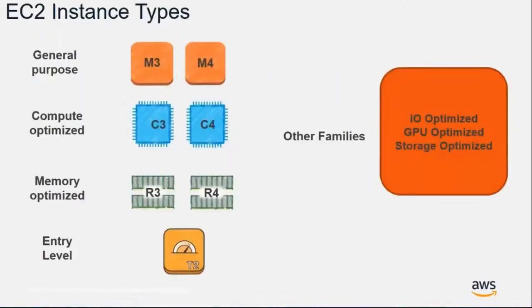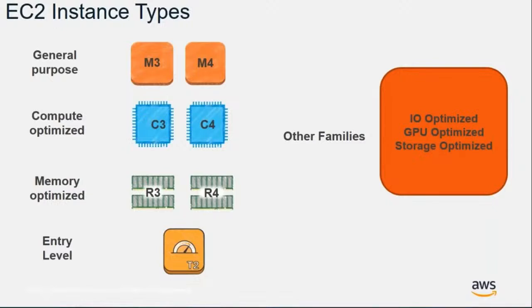Okay, so we talked about multiple instance types in Amazon EC2. There are multiple instance families depending on the use case. We have a whole bunch of machines, called M class machines, which are general purpose.